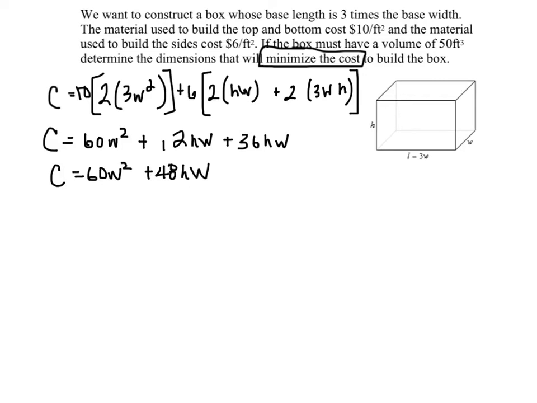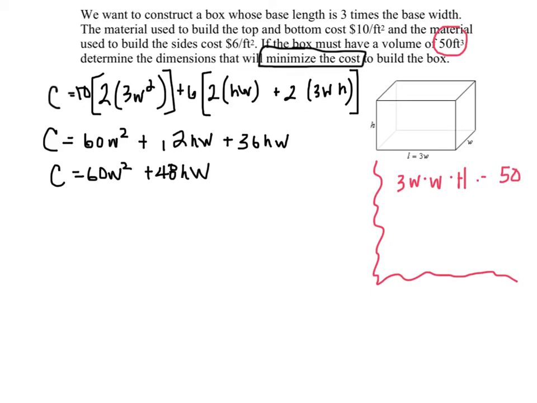So let me put that constraint equation right over here under the picture. The constraint equation in this case has to do with the volume, and they tell me that the volume has to be 50. Well, volume, of course, is length times width times height, so 3W times W times H has to be 50.